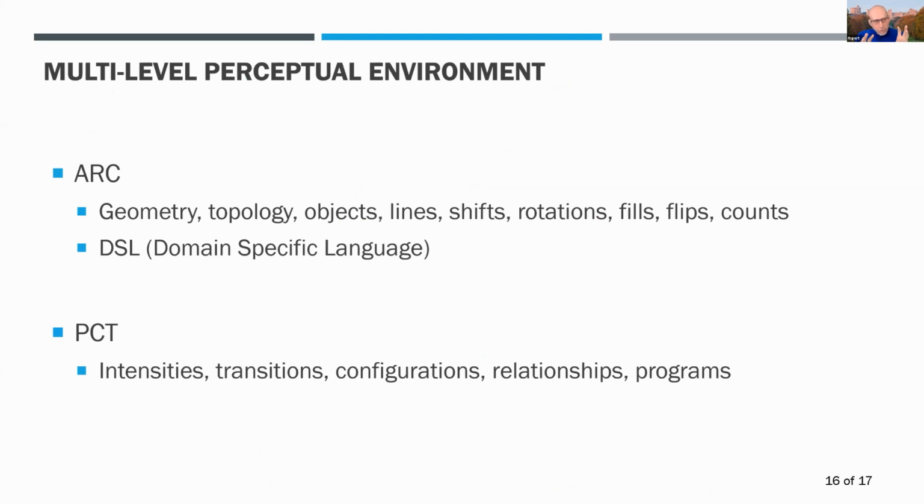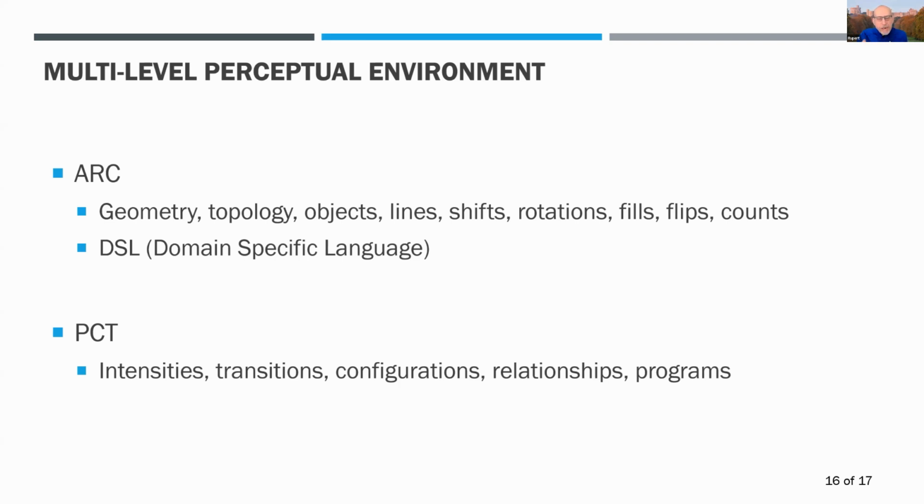However, the ARC environments are much more complicated than that, and require a lot of complex prior knowledge and skills, such as geometry, objects, rotations, flips, and counts of the cells. So I think one way people are trying to tackle this is to use what they're calling a domain-specific language.